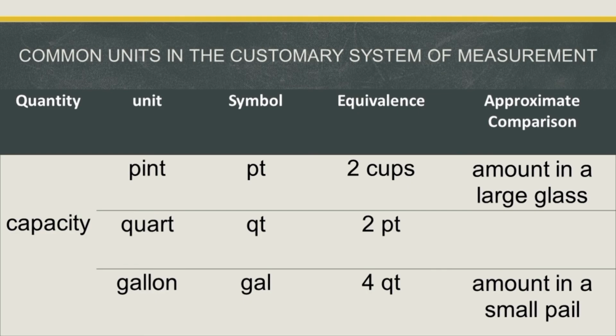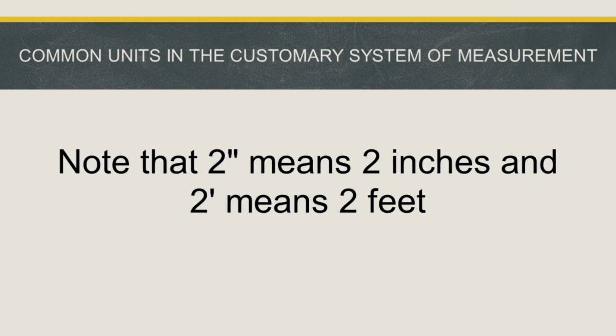Then the last one, gallon, with the symbol of GAL and equivalence of 4 quarts, and an approximate comparison of the amount in a small pail. Note that 2 quotation marks means 2 inches and 2 apostrophes means 2 feet.